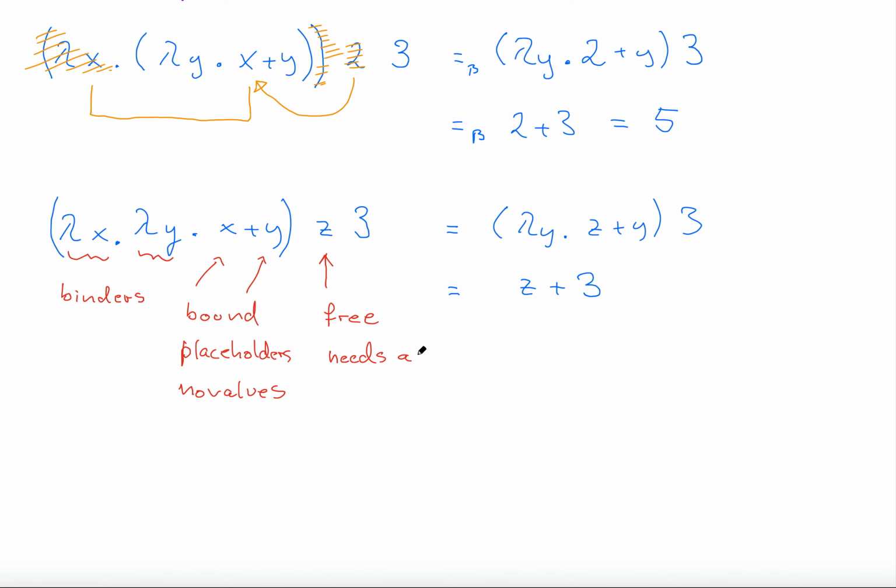We need here a value for z to finish the computation. Or at least, what do I mean by finishing the computation? I mean to evaluate to a number. So we need a value for z to evaluate to a number.